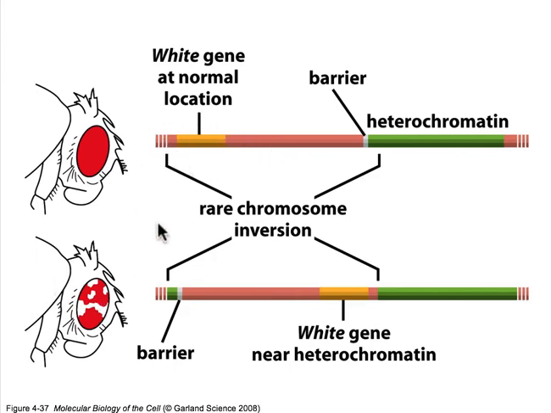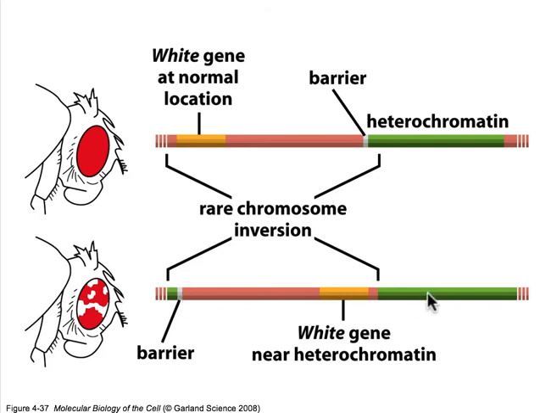In some flies, there is a chromosome inversion, a translocation of types. Here, a piece of the chromosome has swapped places by flipping over. Now the white gene has been relocated close to the heterochromatin, and at the same time, the barrier has been moved to the far side.